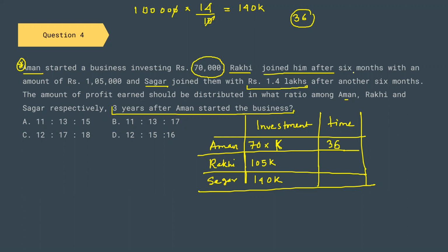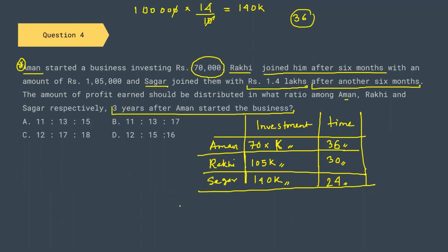Raki joined him after 6 months, so Raki invested for 30 months. And Sagar joined them with 1.4 lakhs after another 6 months, so 24 months. So Aman invested 70K rupees for 36 months, Raki invested 105K rupees for 30 months, and Sagar invested 140K for 24 months.